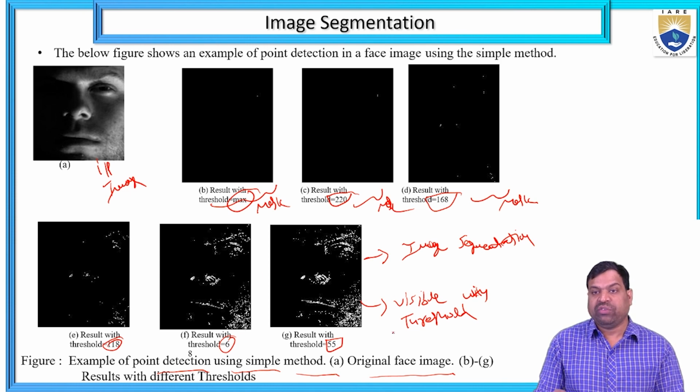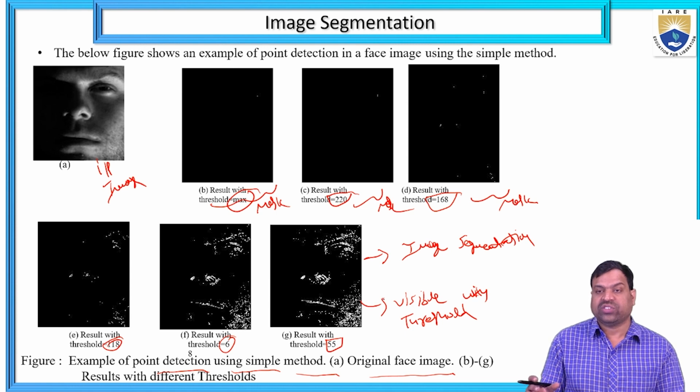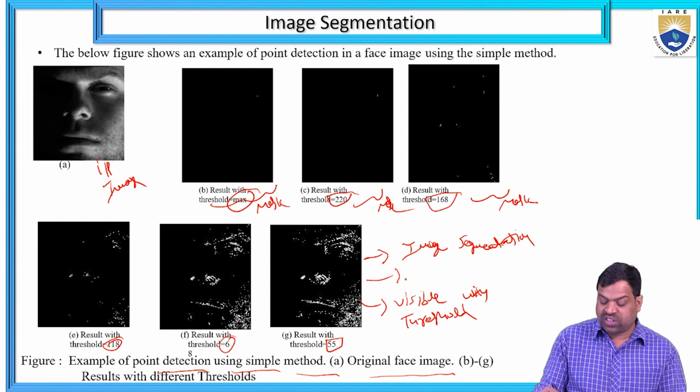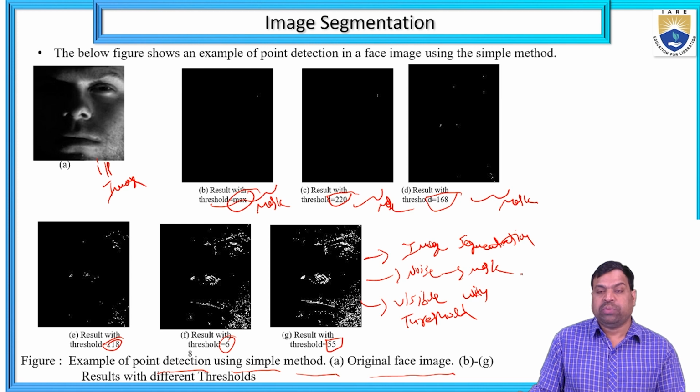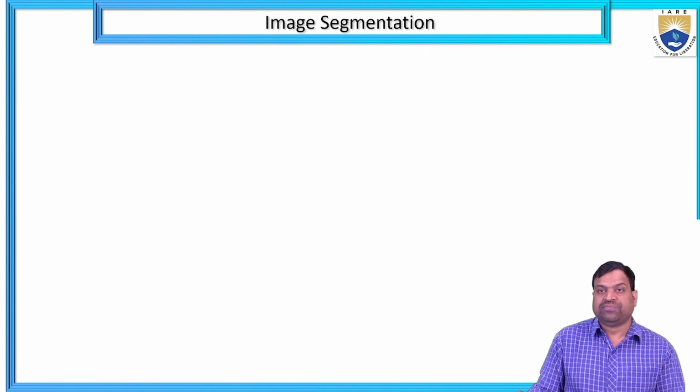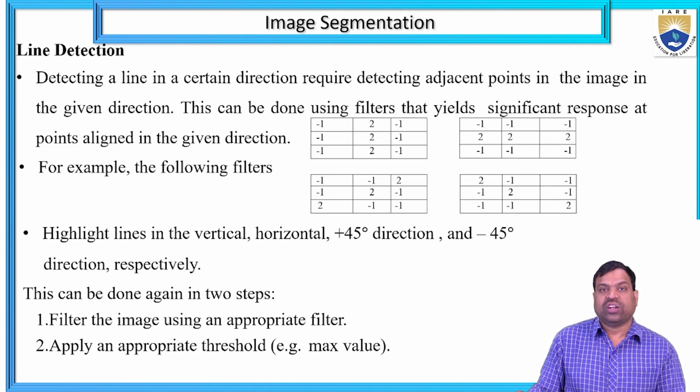Finally, at 55, we get the face detection easily and without noise. If there is any noise, we apply a mask to reduce it. So based on the thresholding values, we find the image or its maximum levels. Another one is line detection.